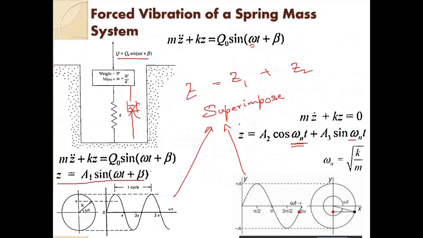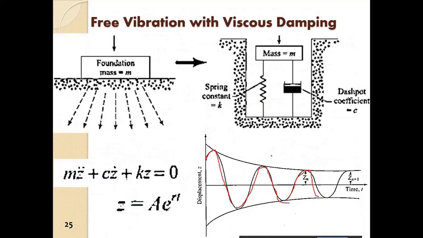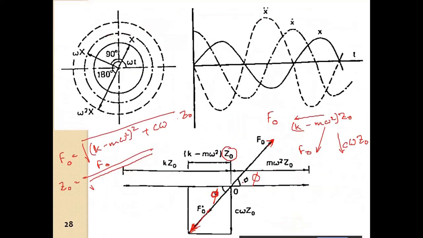Now, if there is a force acting on that and it is vibrating, we will have another component in this phase diagram, F naught. F naught is the maximum magnitude of the vibrating force.